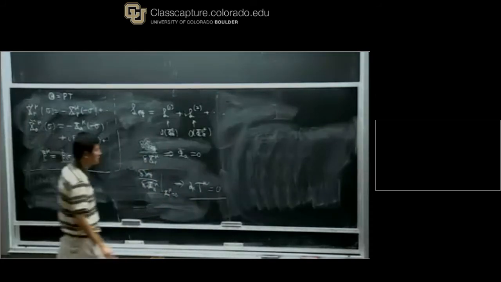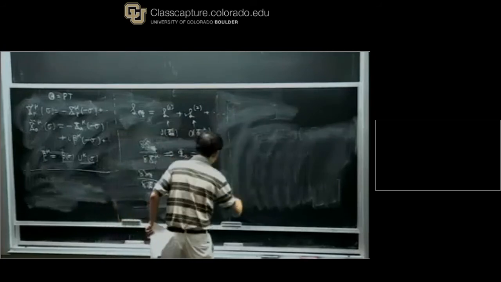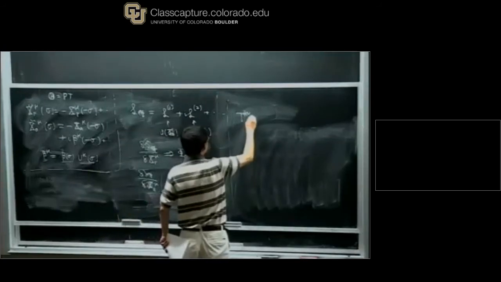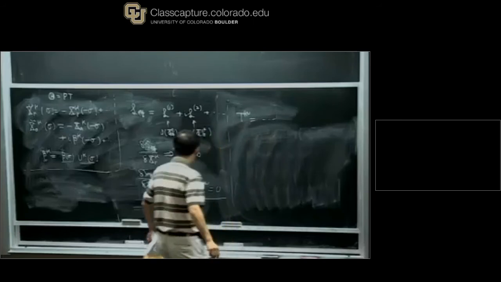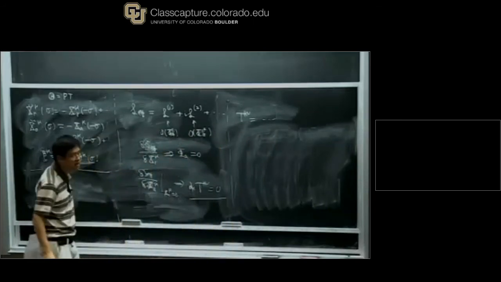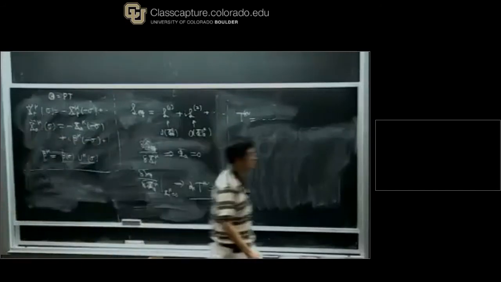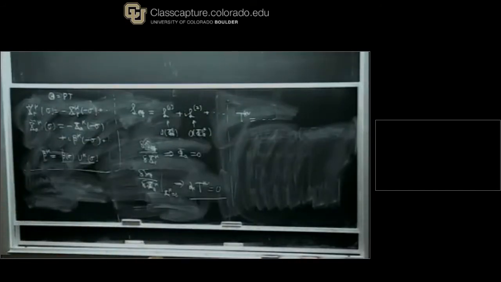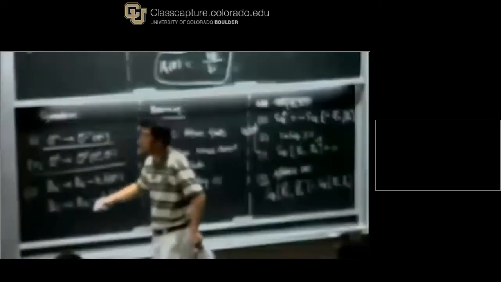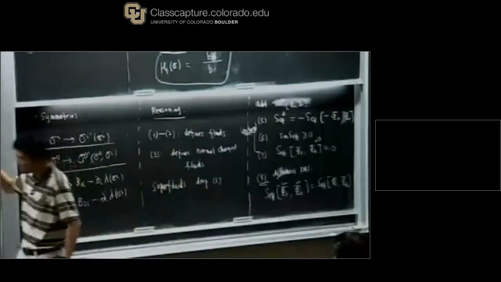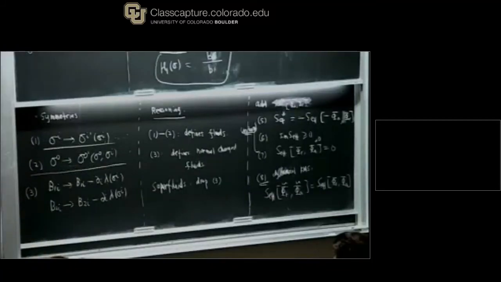And now you find that T mu nu, when you expand it, can precisely be expanded with those symmetries in terms of velocity field, local chemical potential, and the temperature.